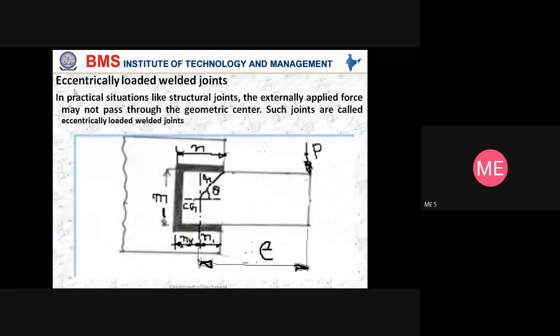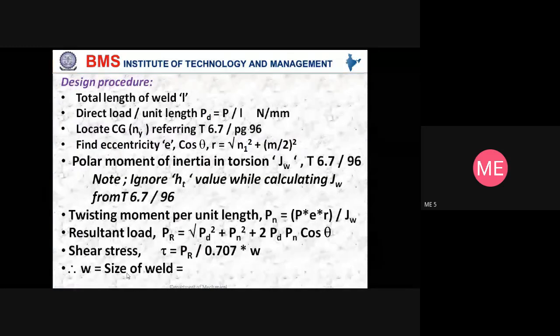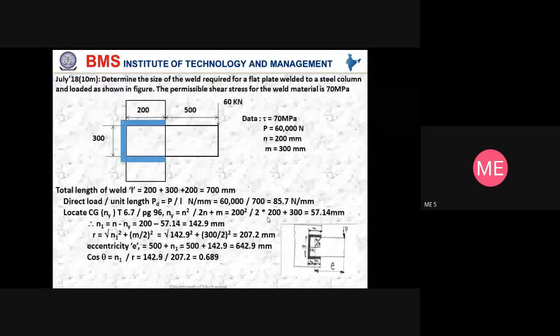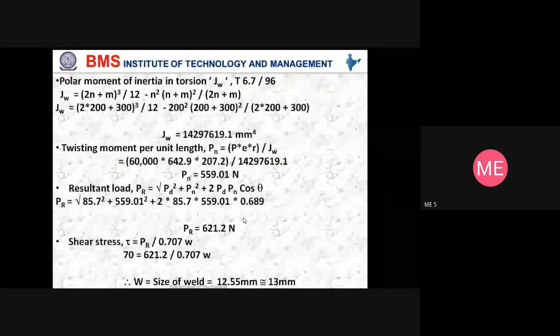Then we went to eccentrically loaded welded joints type 1, where the load is applied in transverse direction, and we learned about terms M, N, radius, location of center of gravity, eccentricity, and so on. Then we followed a design procedure to find out the weld size finally, and solved few problems.